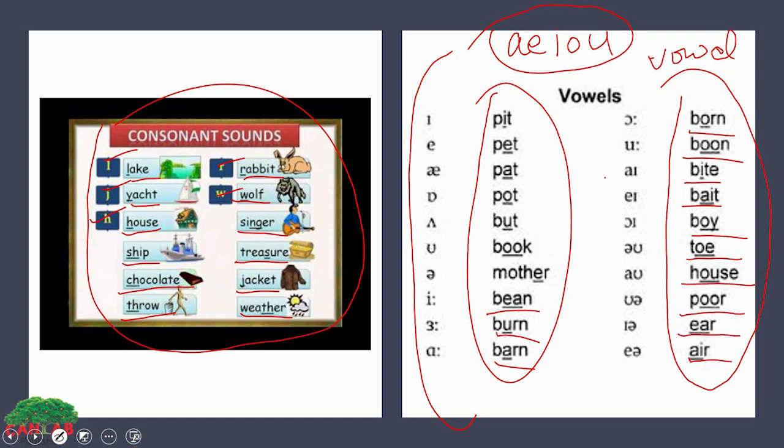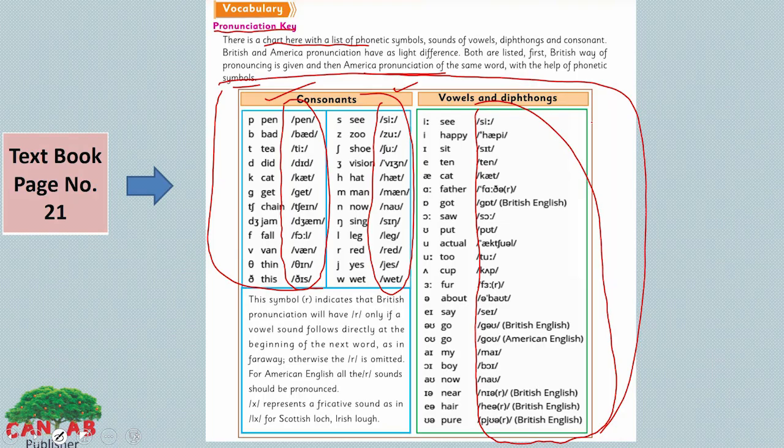These are all the vowel sounds here. Consonant sounds have their own phonetic symbols, and the vowel sounds and diphthongs have their own phonetic symbols.